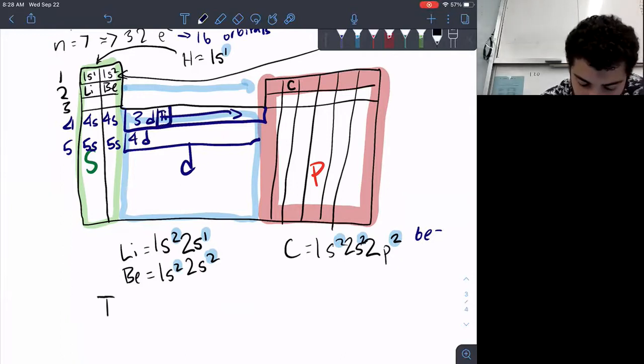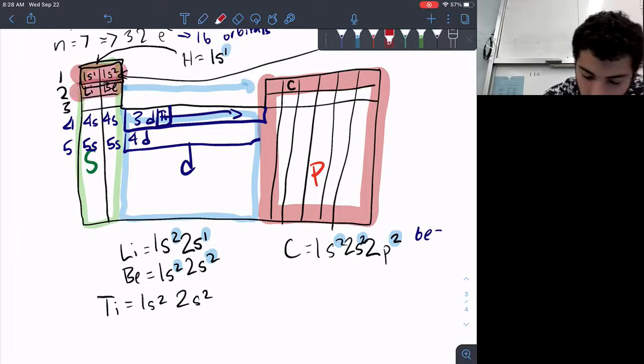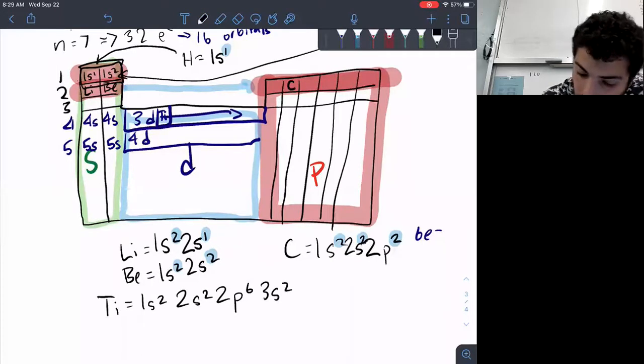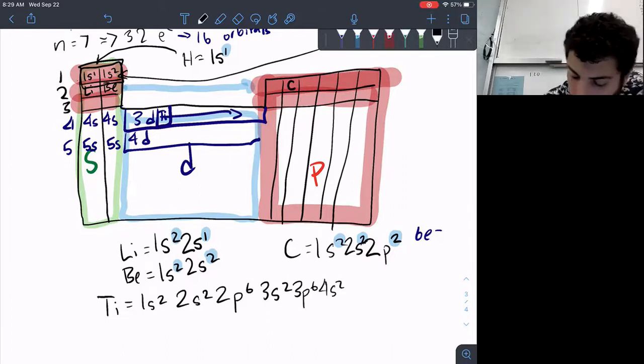I'm going to do it really fast, and you can try and work it out on your own time. It's 1s2, that covers this first part. 2s2, I'm just going to highlight what I'm covering. 2s2 will cover that. 2p6 will cover this whole section. 3s2 will cover this section. 3p6 will cover this next section. 4s2 is going to cover the 4th s orbitals.